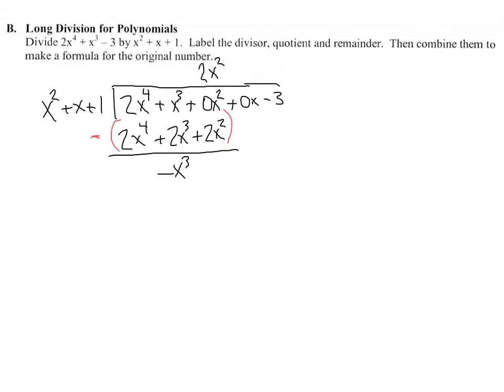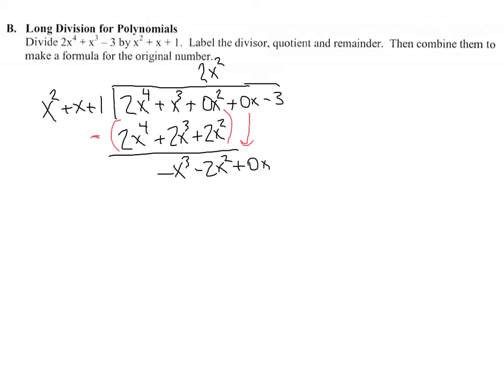And then 0x squared minus 2x squared is negative 2x squared. This is going to be probably the trickiest part because you're going to forget about that negative symbol too many times. Okay, at this point in our original division problem, we would have dropped down the 0x. So we're going to do the same thing here, even though it really means 0, it's still important in the process.